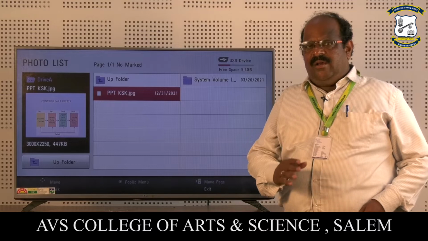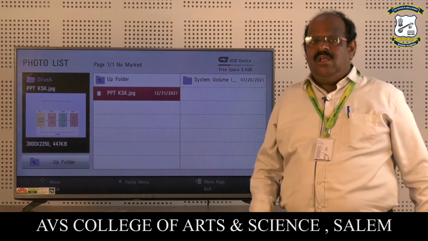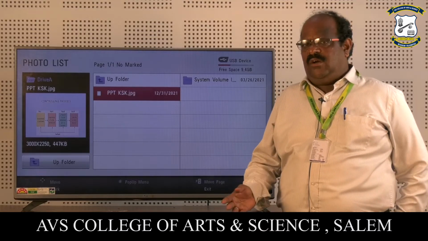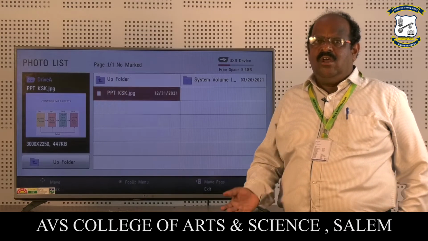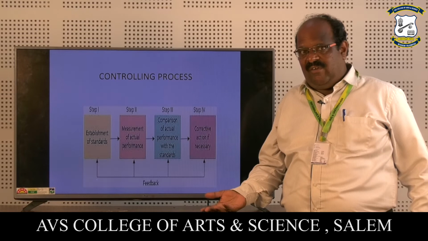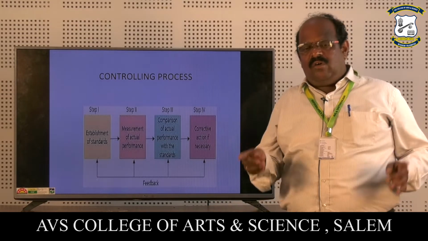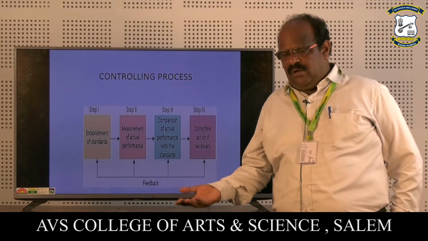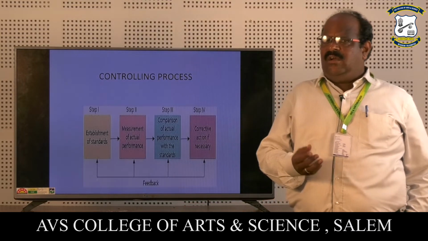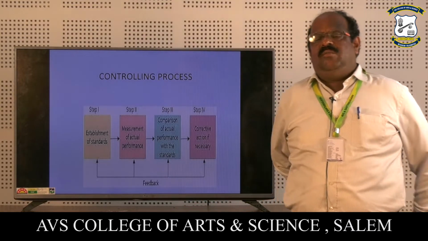Or if we come to the employees, what are the factors to be controlled? Employees' performance may be a factor, or employees' absenteeism, or, overall, the employee turnover of the company. So we have to first understand what factors have to be controlled.